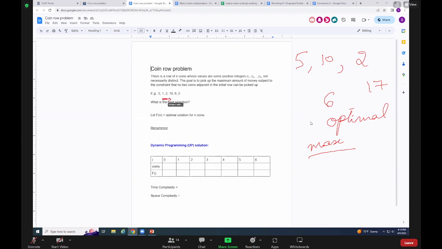So what do you think? How to approach? Let's say we also know that there is a dynamic programming solution possible to this. But from scratch, do you think there's a dynamic programming solution possible? What property of this problem makes it so?